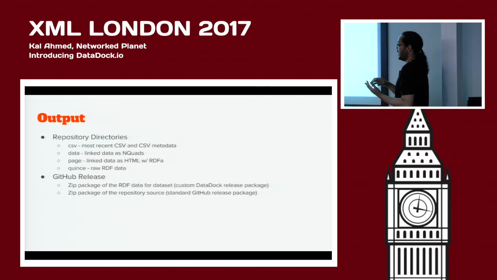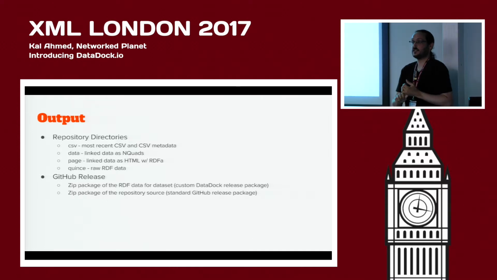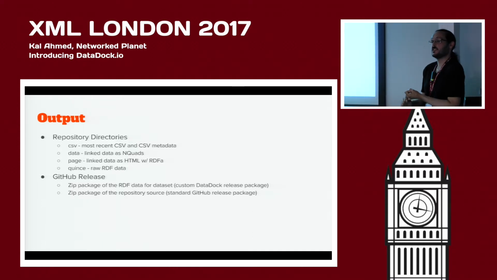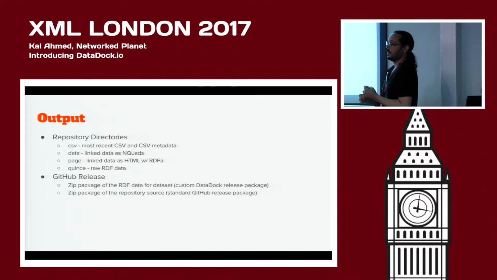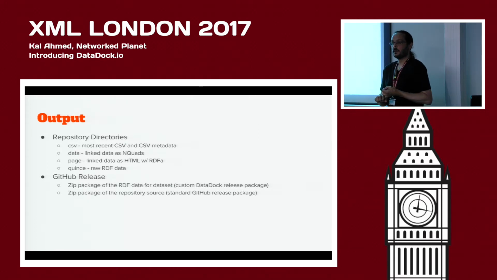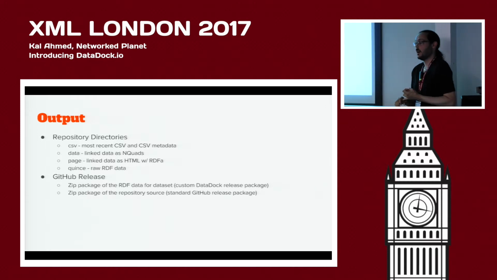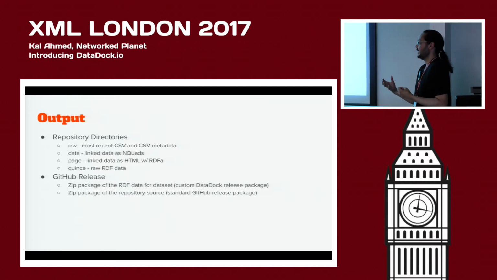So you have 4 folders. CSV contains your most recent CSV files and the accompanying metadata. We're using the CSV on the web metadata standard for representing that data, which means this also works as a CSV on the web repository if you want it to.